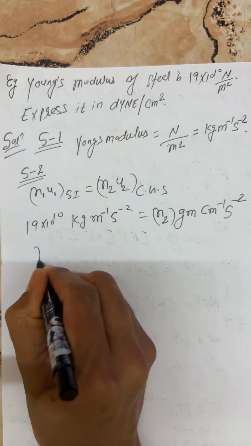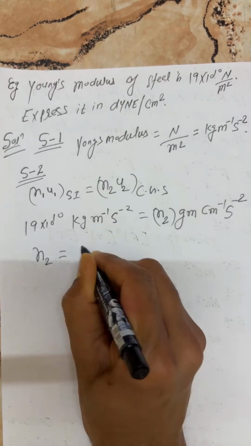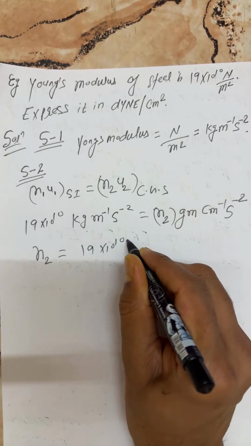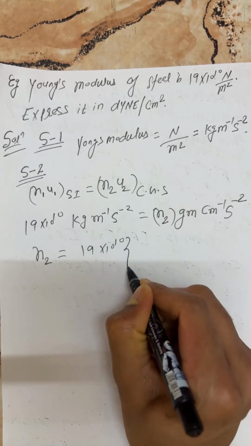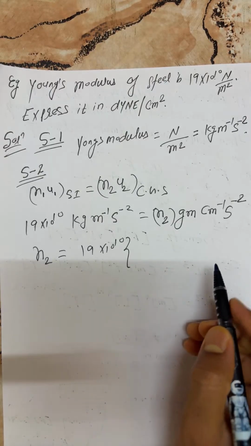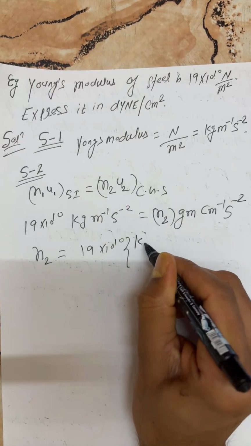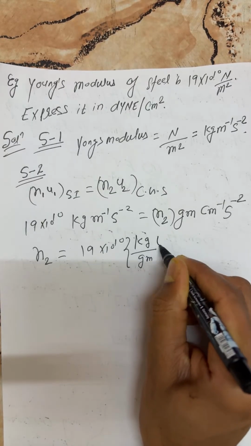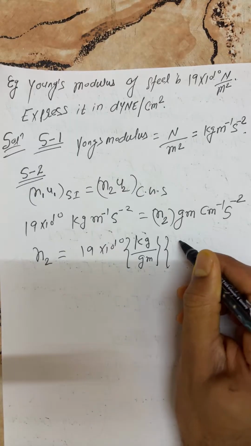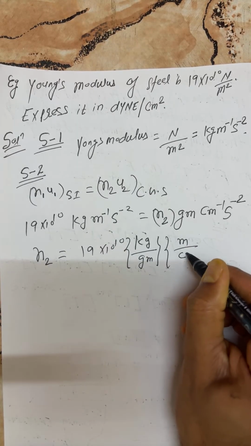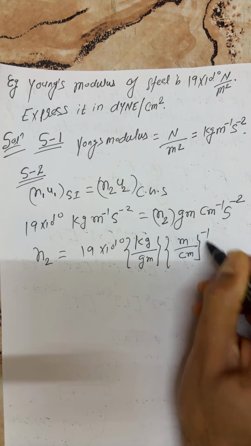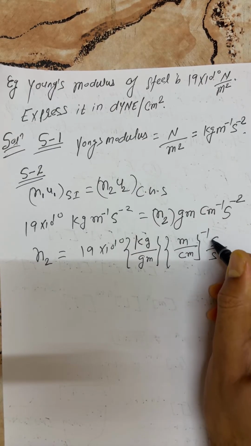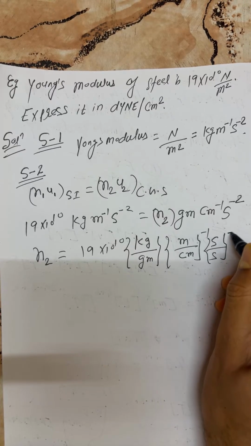So finally you can write n2 equals 19 into 10 to the power 10. This is your choice: keep together all the like quantities, kilogram upon gram into meter upon centimeter to the power minus 1, into second upon second to the power minus 2.